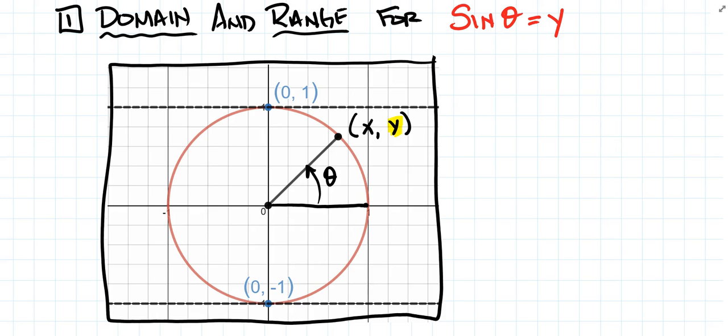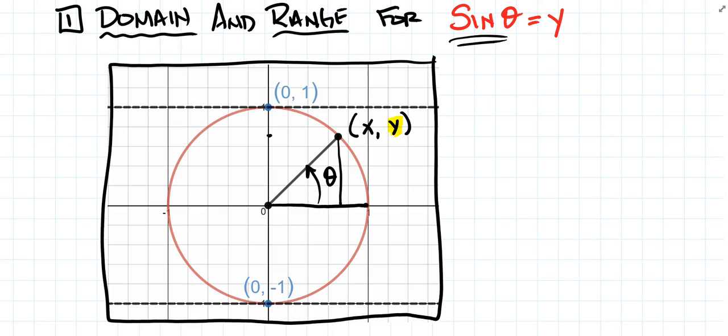In the last video, we learned that the sine of angle theta is always related to the y-coordinate on the unit circle. So sine theta is equal to y. I want you to consider for a moment drawing a bunch of little triangles inside the unit circle and taking a look at the y values, because the sine of theta is equal to y.